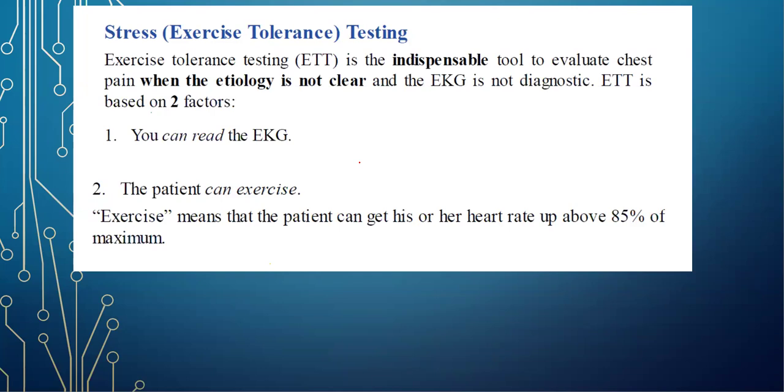So far, we know how to differentiate non-ST elevated MI, unstable angina, and ST elevated MI. How about the stable angina patient? There will be patients who come to you saying, doc, whenever I go for a walk, especially on an inclined road, I get chest pain.